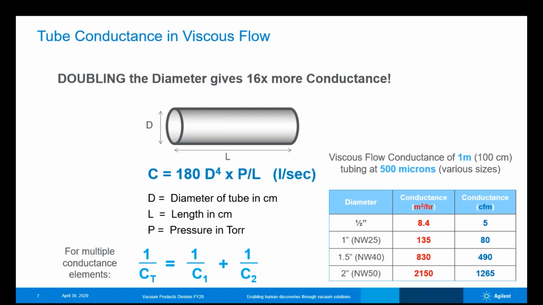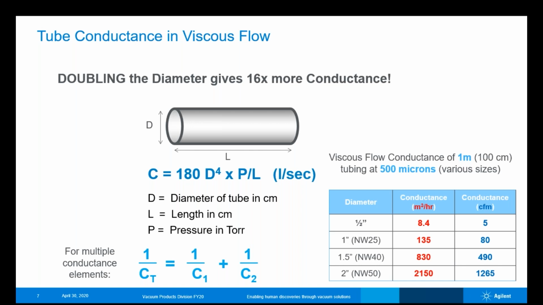When we have multiple tubings connected at different lengths and different diameters, we can use that 1 over the total conductance is 1 over conductance 1 plus 1 over conductance 2, et cetera. Just for example, I've shown some conductance values that I've calculated for tubing at different diameters. We can see that half-inch tubing would give us a conductance of 8.4 cubic meters per hour, or 5 CFM.